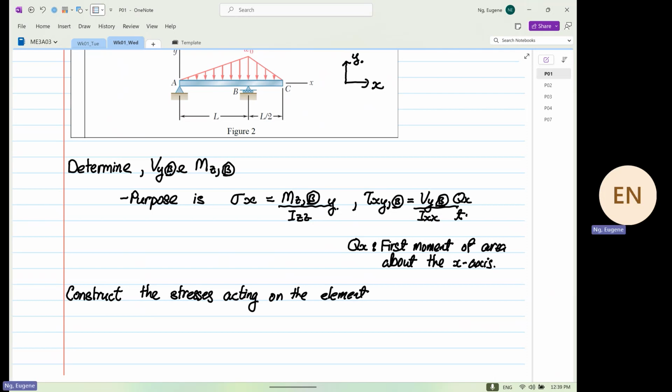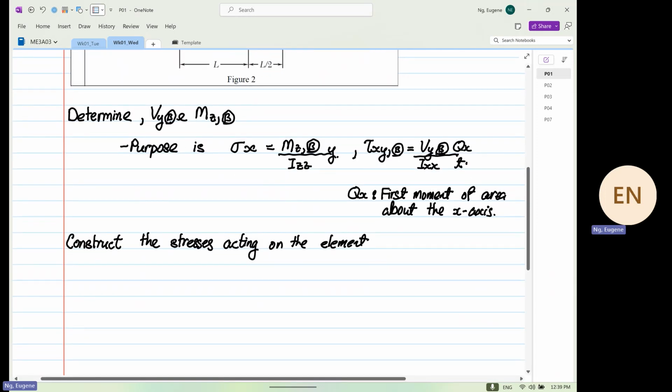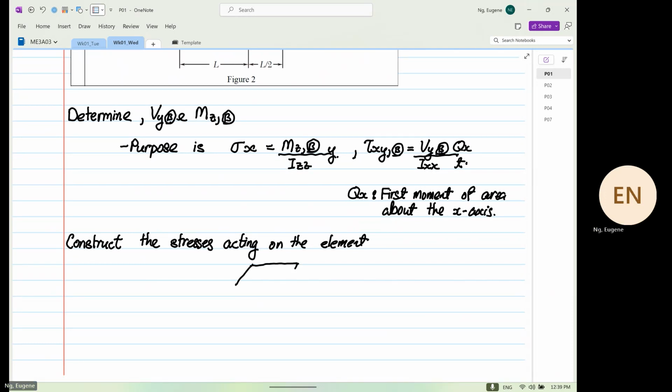Based on yesterday's lecture, you all will have an impression of what is going on. Are we clear, right? So what we are going to construct now is an element that we need to find.